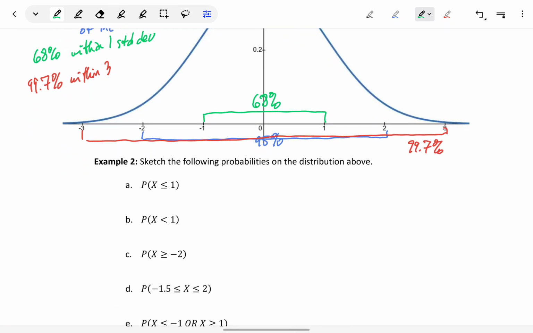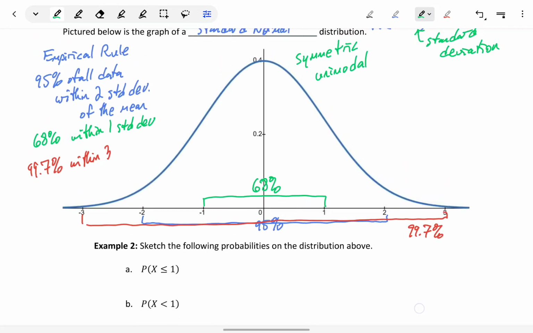In part A, we want to find the probability that x is less than or equal to 1. In order to determine that, we would find a boundary line where x is equal to 1, and then the probability would be the area between the normal distribution curve and the x-axis, less than that value of x equals 1.